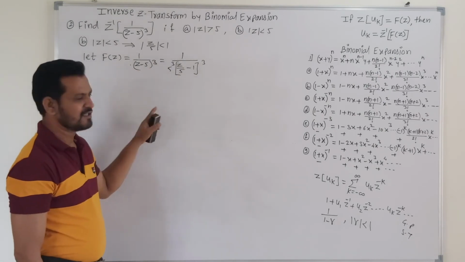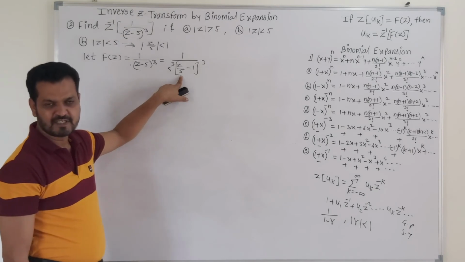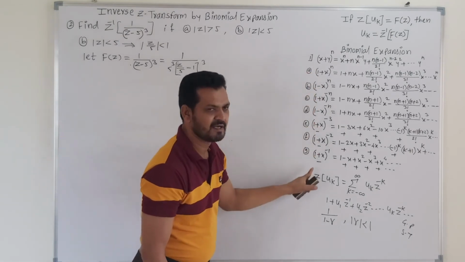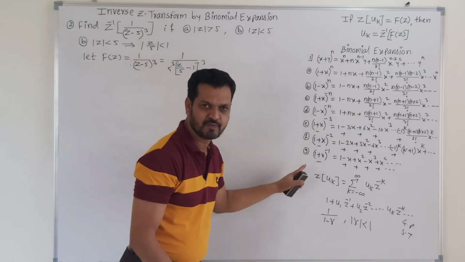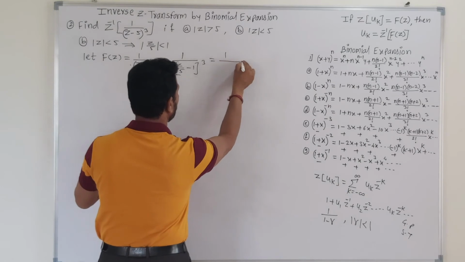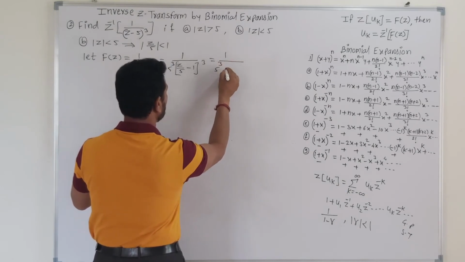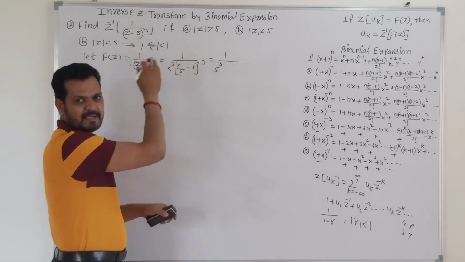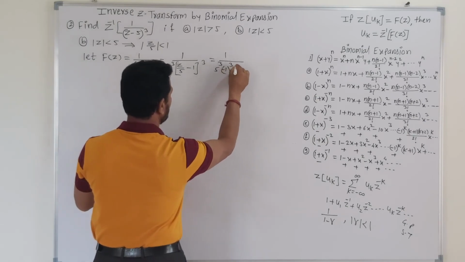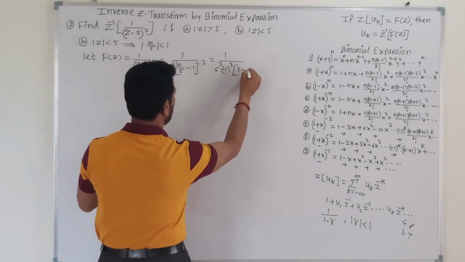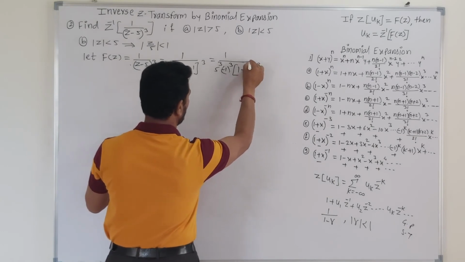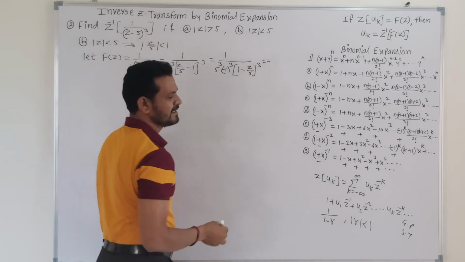Now here friends we get this term, but here first term is z by 5 minus 1, but to use the standard result we required first term as 1. So let's reshuffle the term. So after reshuffling this term we get this as 5 cube, then after taking minus common we get this as minus 1 its cube, then this is 1 minus z upon 5 raised to 3, so we can write this as minus.